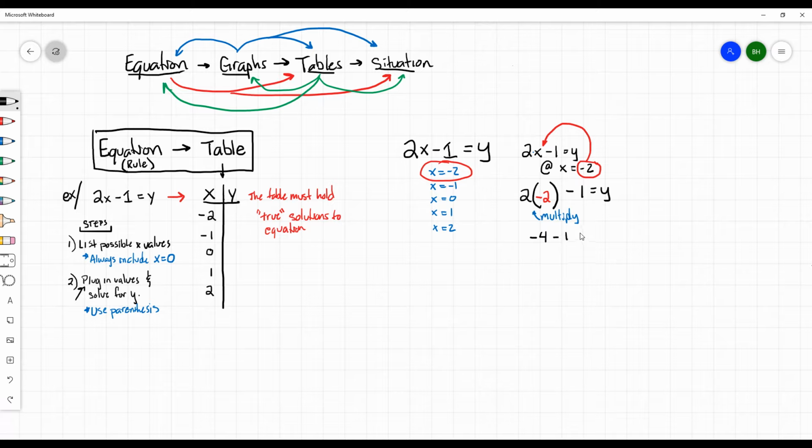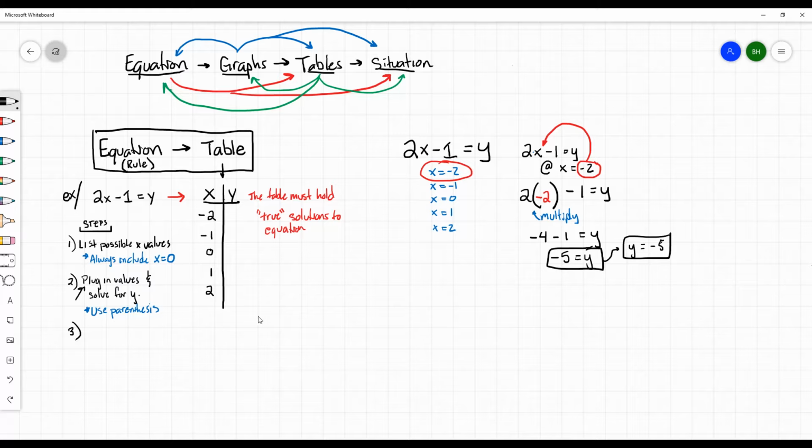And then I can finish off the problem, -1 equals y. I can continue the problem, -4 minus 1 is -5 equals y. Just for the record, if you have this as a solution, that is the exact same as also having y equals -5. You can write it in either direction. It works out. Okay.